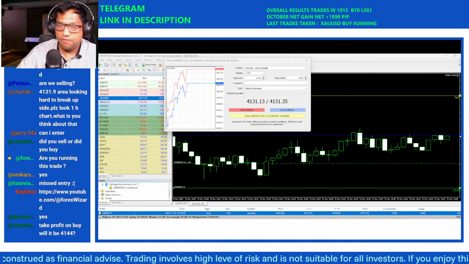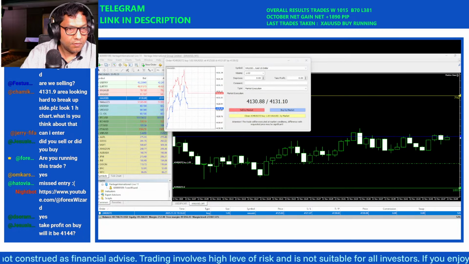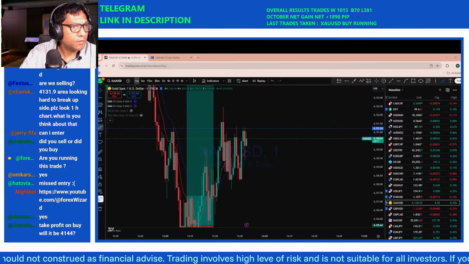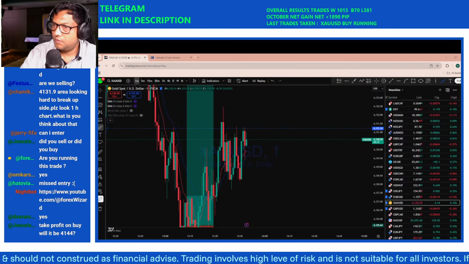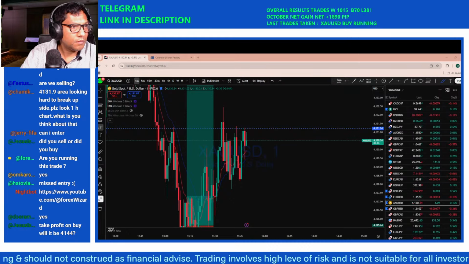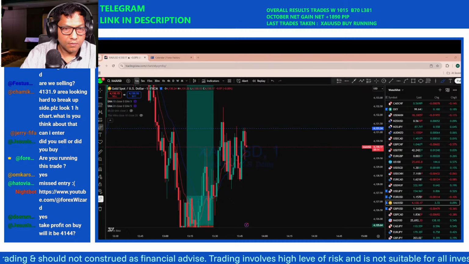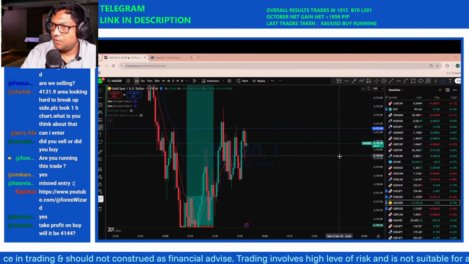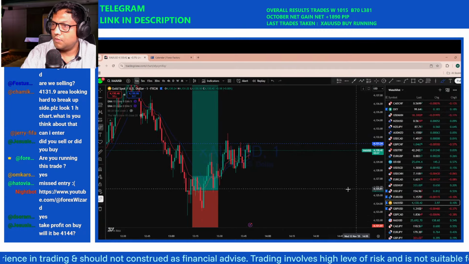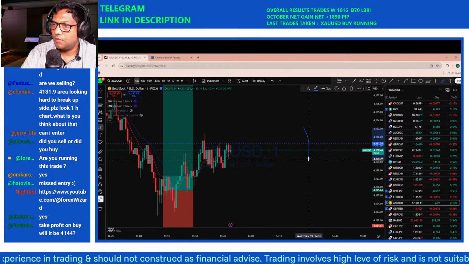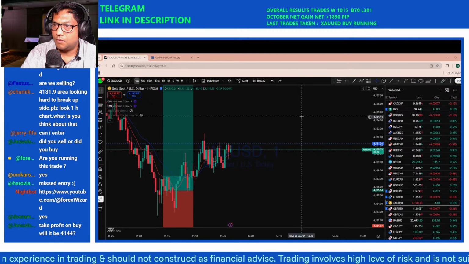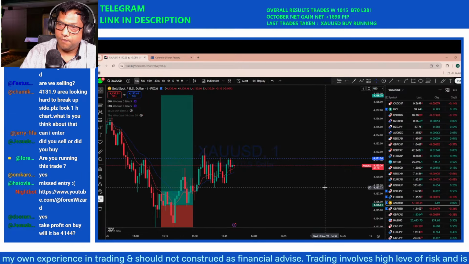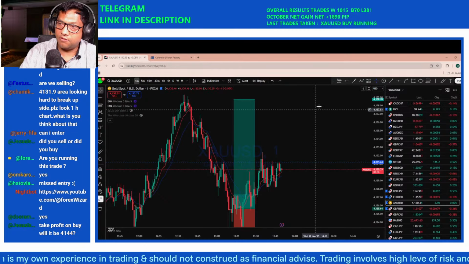Still holding on to that. Here we want to see it breaking that resistance line.